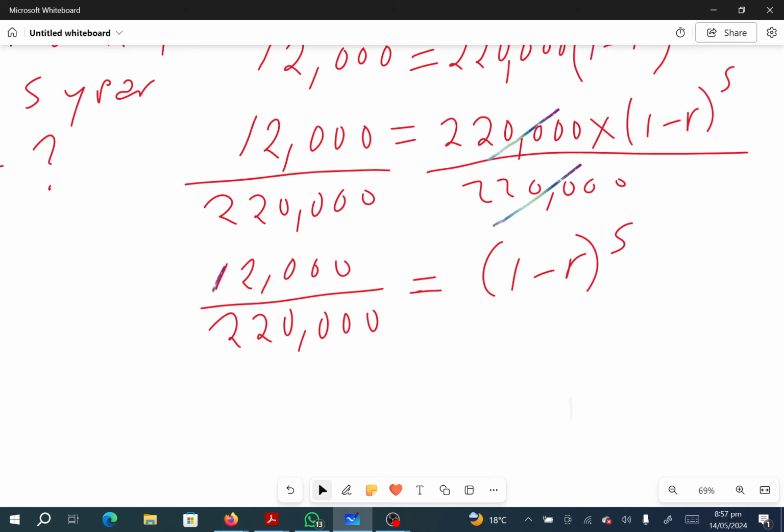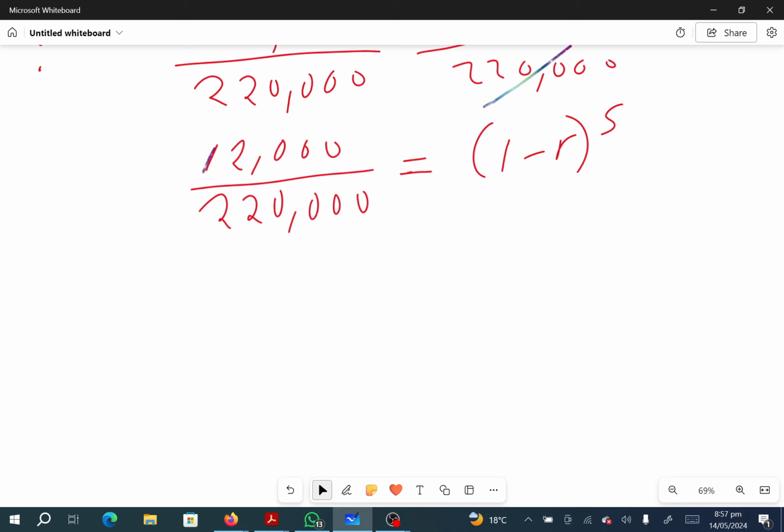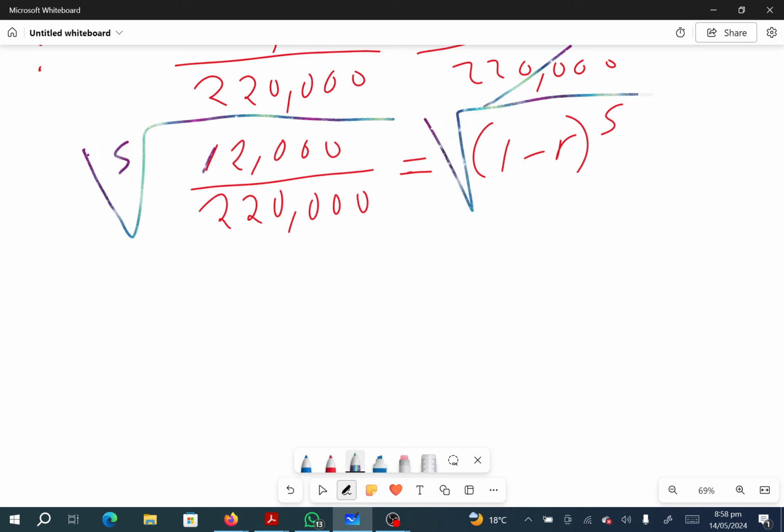At this point we can introduce roots. We'll say the fifth root here, and the fifth root here.